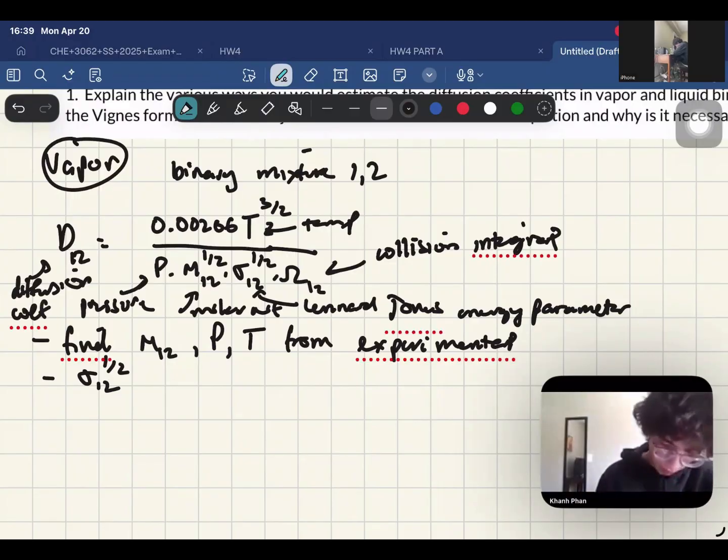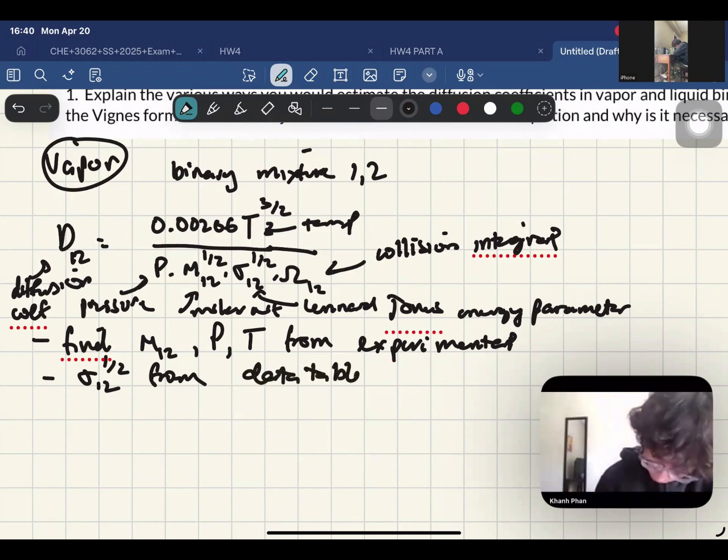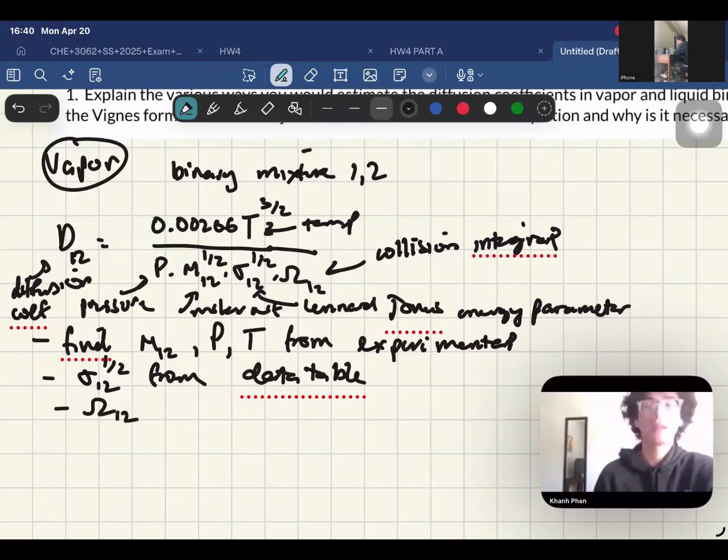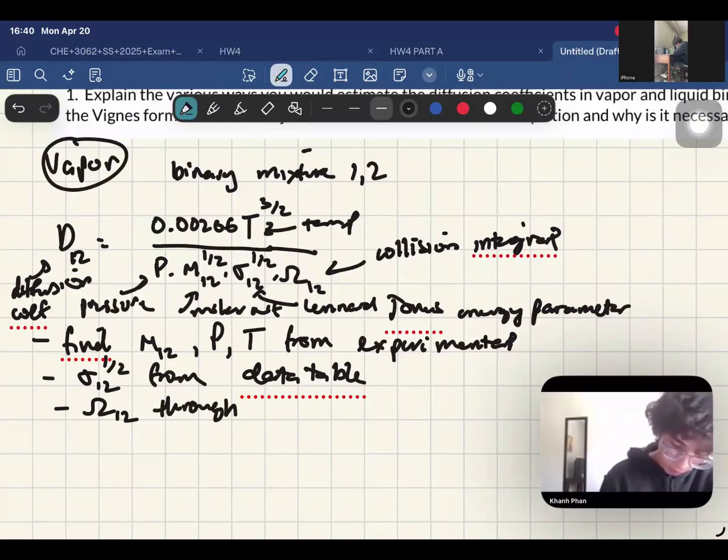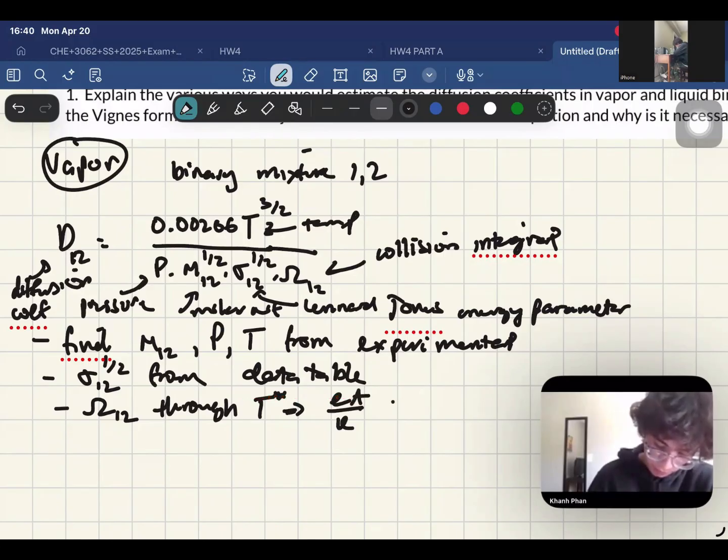And then we can find the Lennard-Jones energy parameter from a data table. And then for the collision integral, we can find it through finding the reduced temperature, which we can find through the Lennard-Jones parameter of species A. It's epsilon, not E actually.